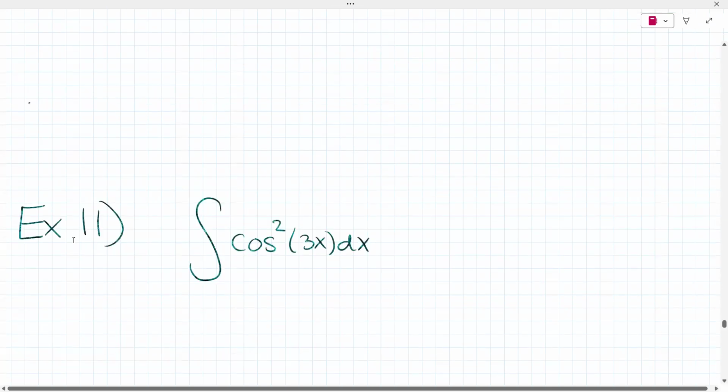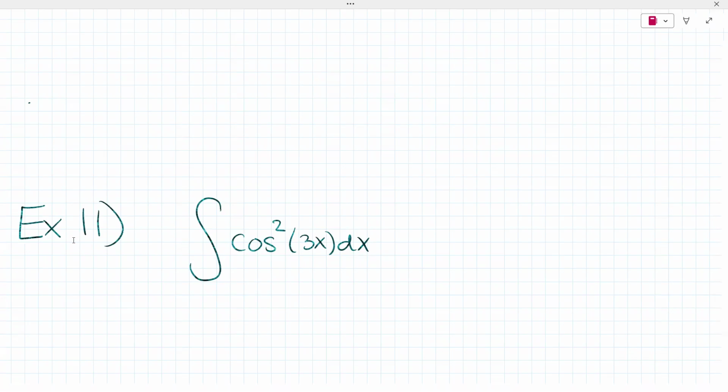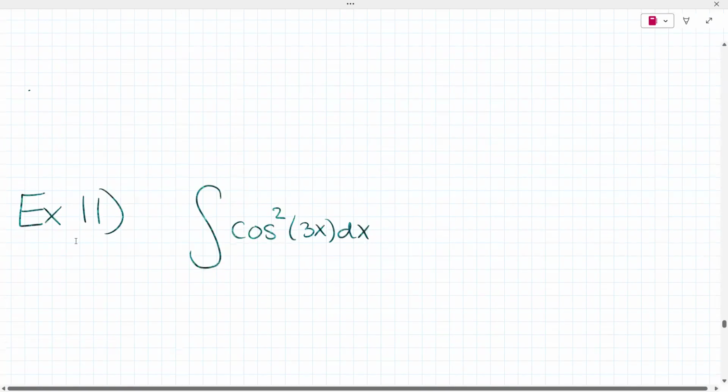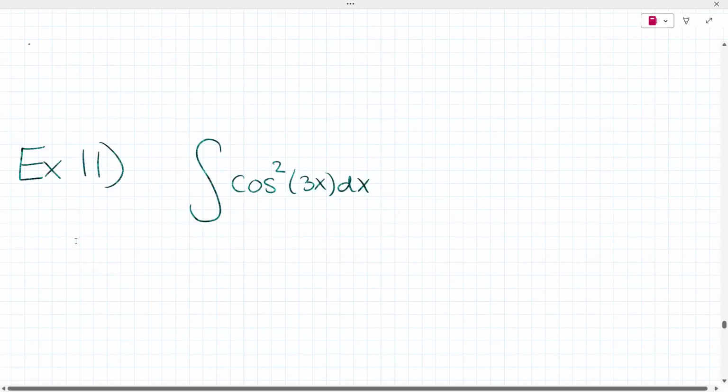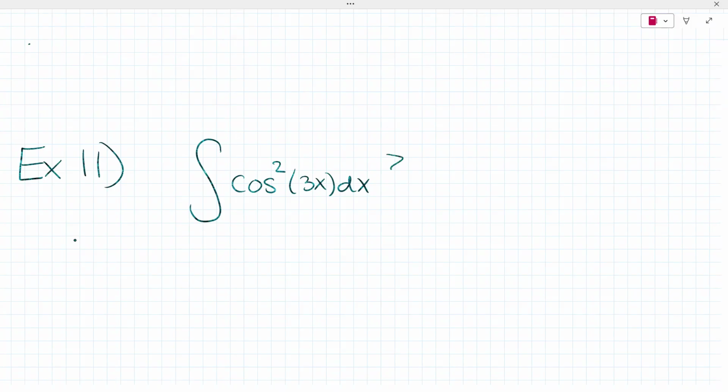Okay, let's move on to example 11. We're almost there. It's like 13 examples. We have the integration of cosine squared 3x dx. So there's a cosine squared x. So there's a good idea that one must use the half angle identity.